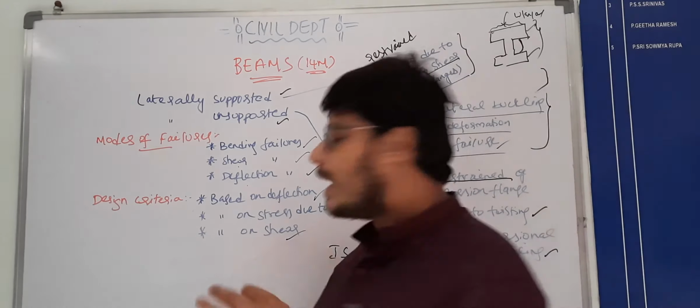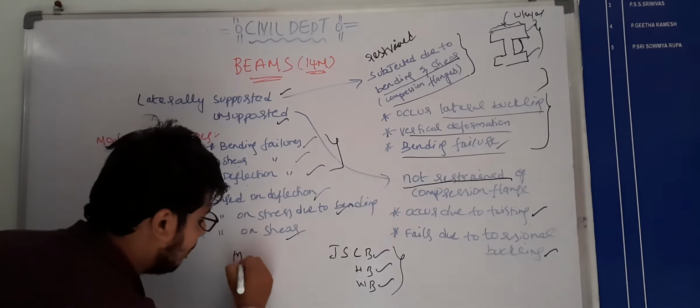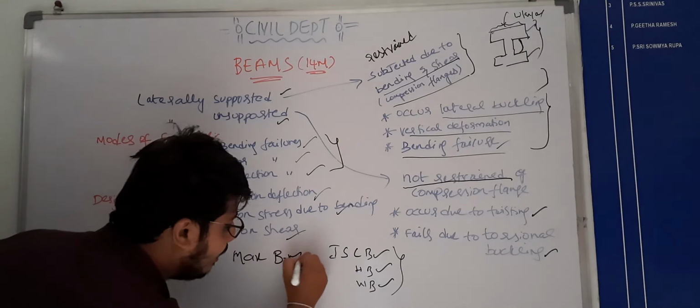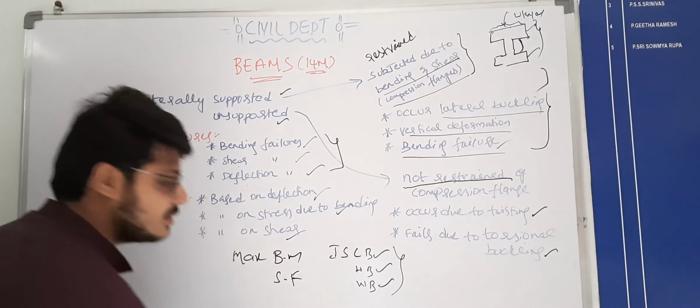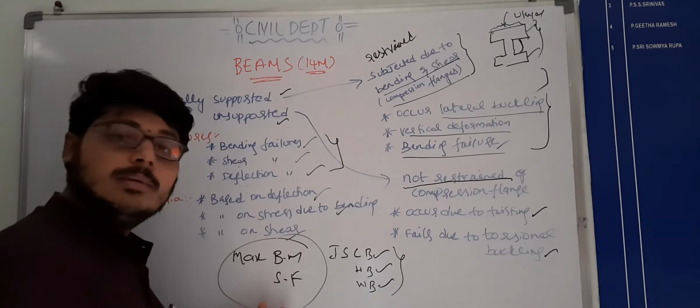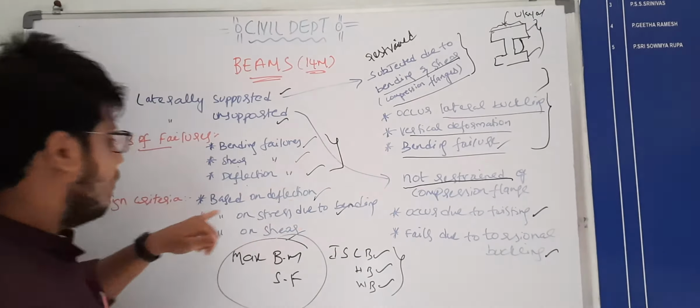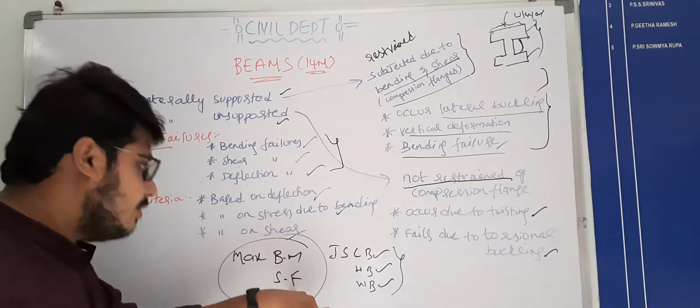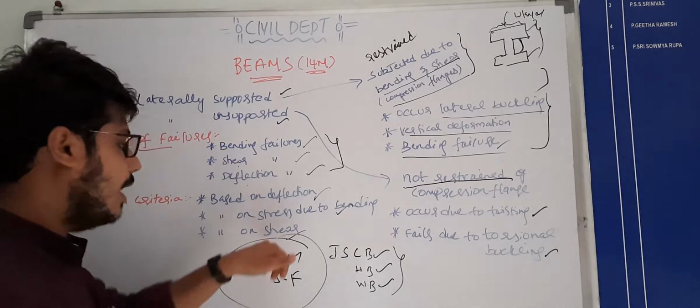First and foremost, you should calculate the maximum bending moment and maximum shear force. These beams depend upon maximum moment and maximum shear force. Vertical deflection will be caused due to shear force, bending and shear.